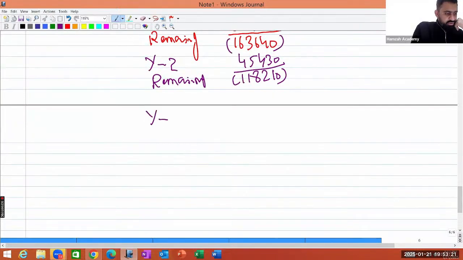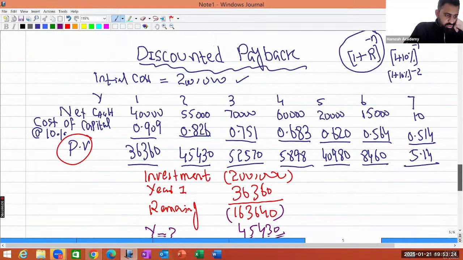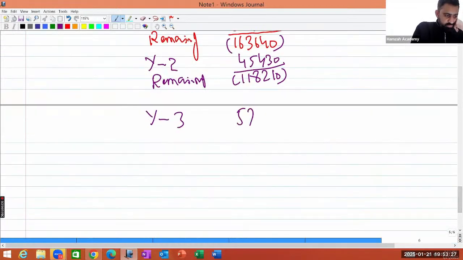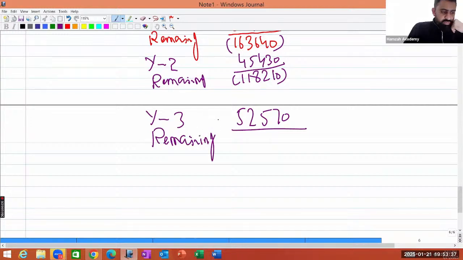Then year 3 is 52,570, and the remaining will be 65,640.